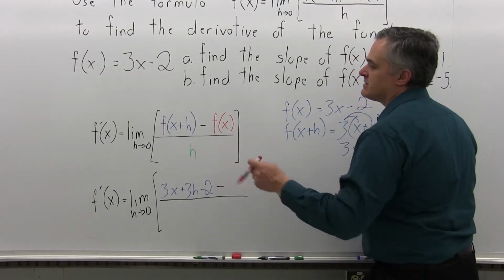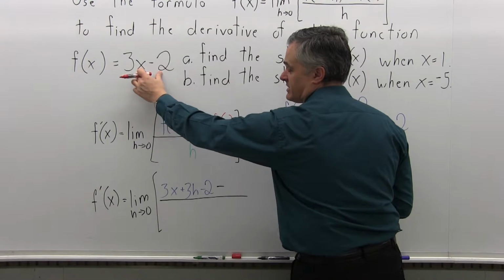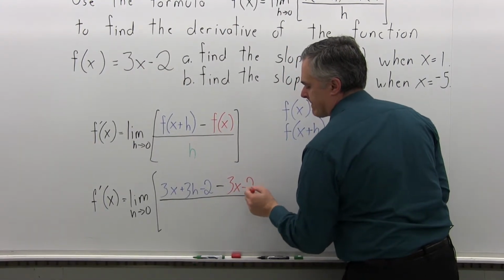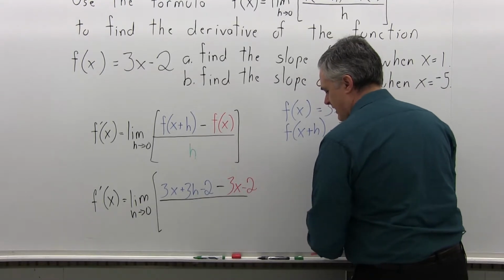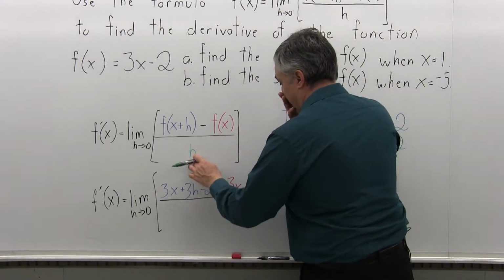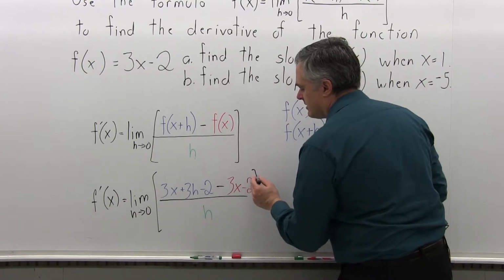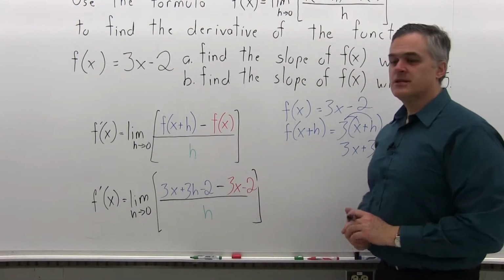So f of x is given in the question. F of x is 3x minus 2. And then in the denominator, you just have h. I'll close the brackets.